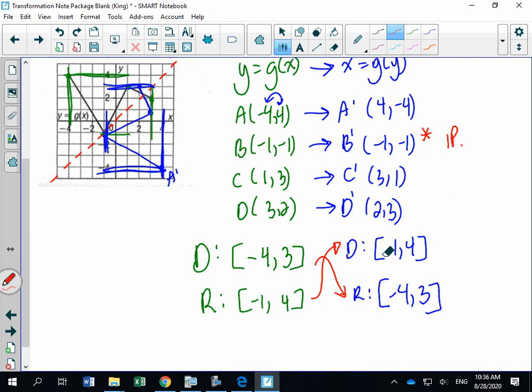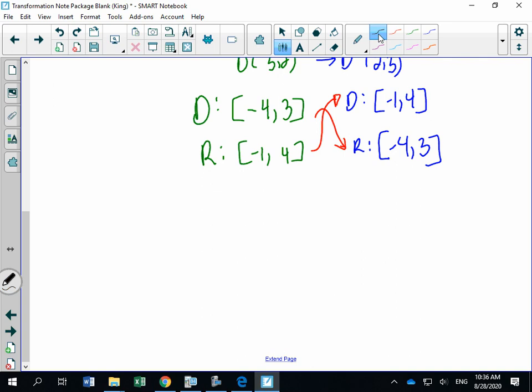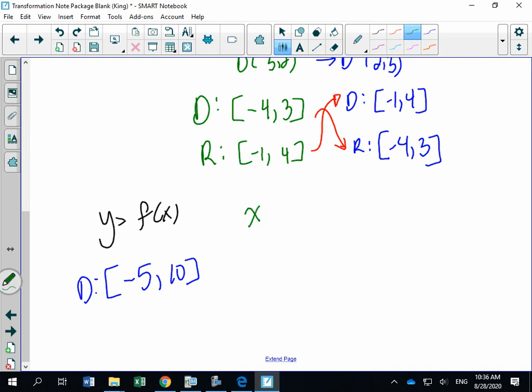So essentially what I could do on a test is I could give you the domain and range of a function, not even give you the graph of a function, right? So on a test, I could basically say, okay, you're given an original function, y is equal to f of x. And let's say the domain of the original function is -5 to 10. I could ask you this on a test.